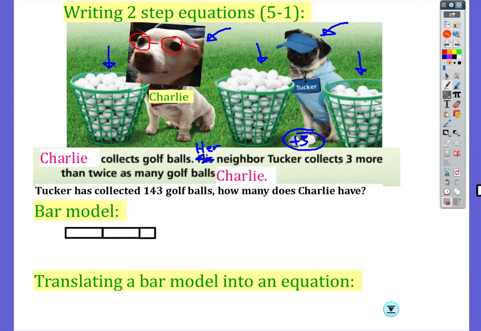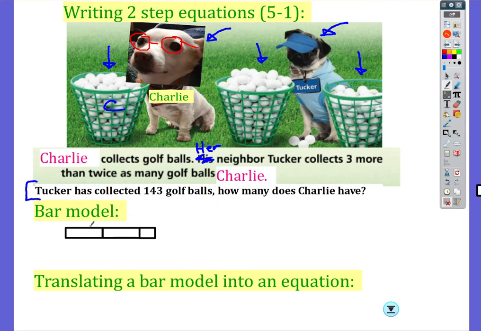So this is like the plus three here. Then twice as many golf balls as Charlie. Think of this as a Charlie bucket, two Charlie buckets. It's twice as many, and then three more. So it really drives the point home with graphics. The way I can think about this is let's start with our bar model, and we'll deal with this last bit of information in a second.